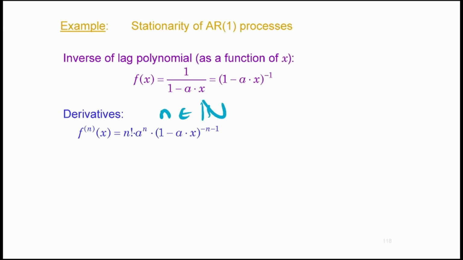But in this case, you can also have infinitely many times. So you need to assume that the function is differentiable infinitely many times, but that's always going to be the case. Because any lag polynomial of AR processes, whatever the process is, even if it's AR(p), the inverse of a lag polynomial of an AR(p) process is going to be differentiable infinitely many times, and this is required to apply the Taylor series.